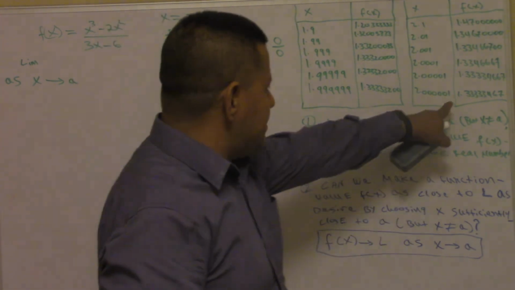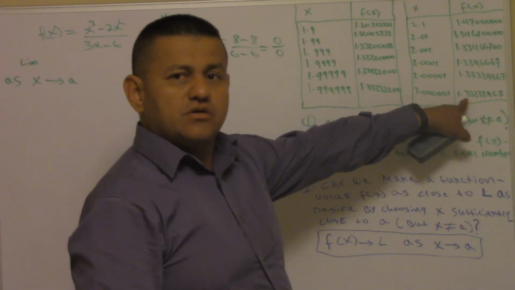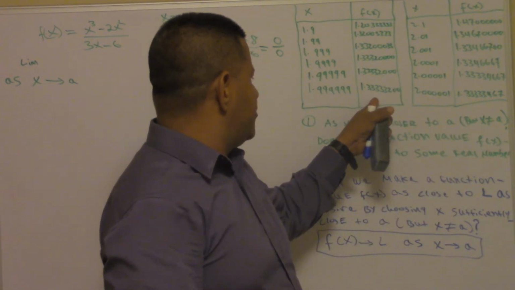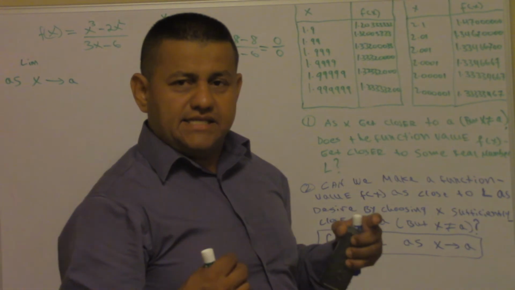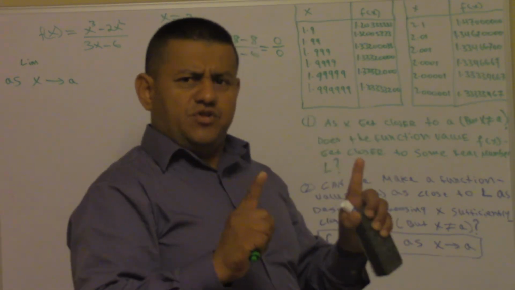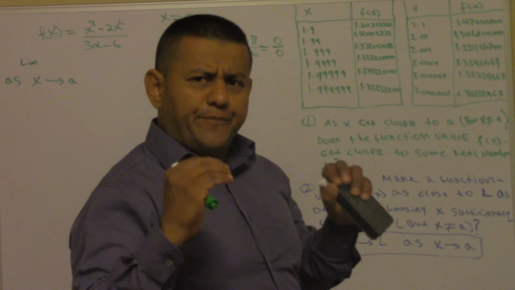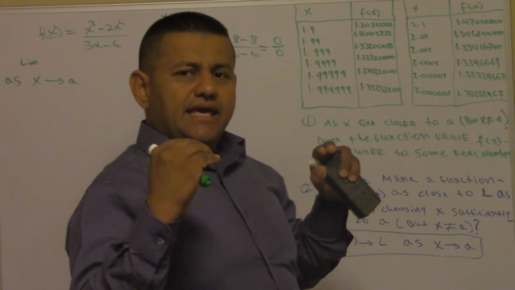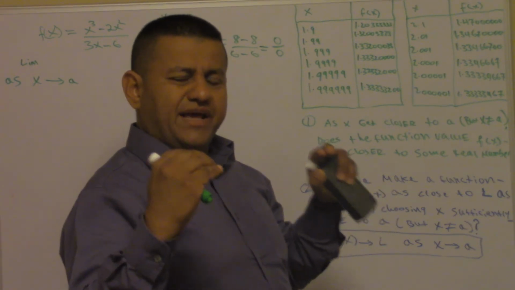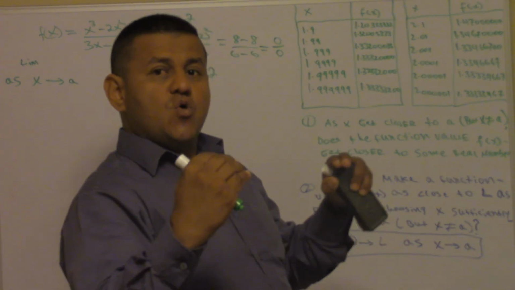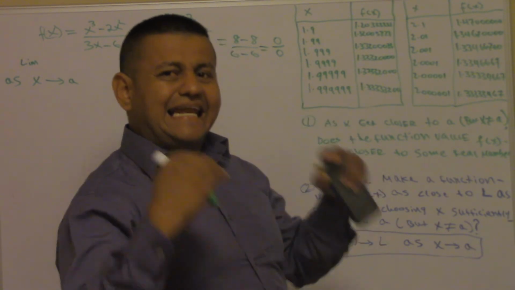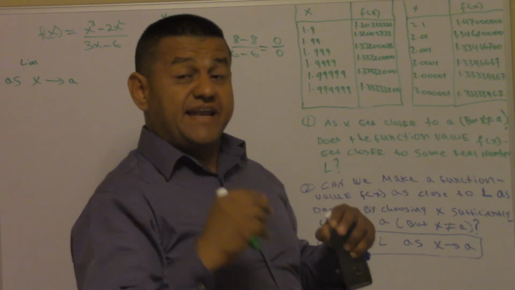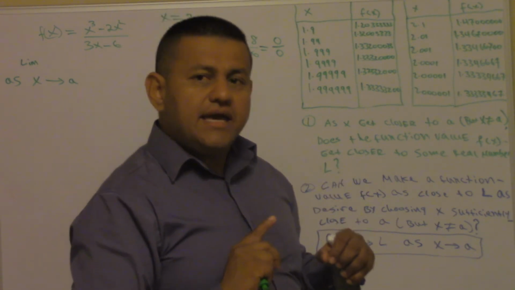So notice that the limit is getting close to a certain number, by letting x approach a from both sides, but not necessarily equal a.